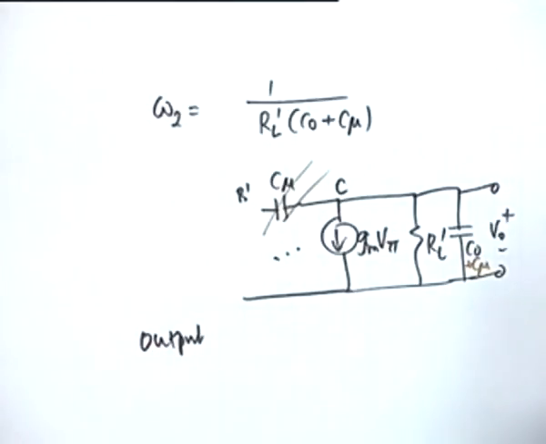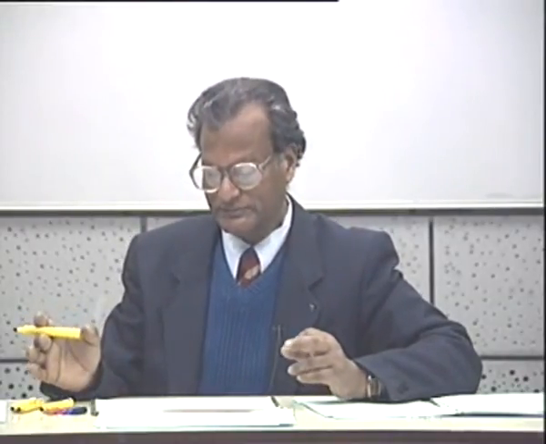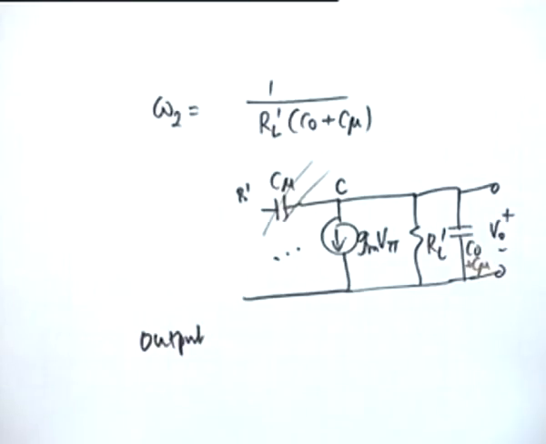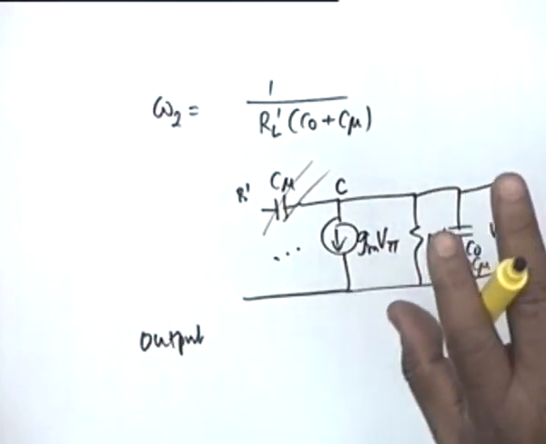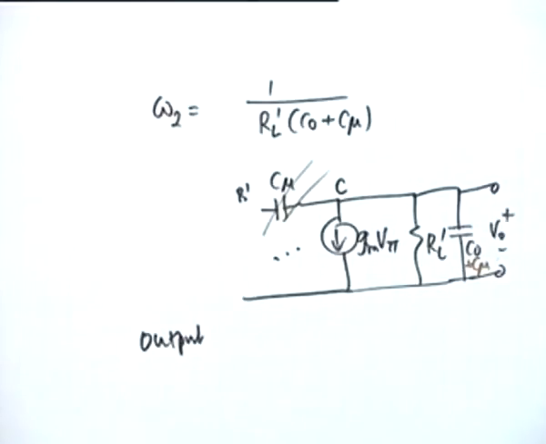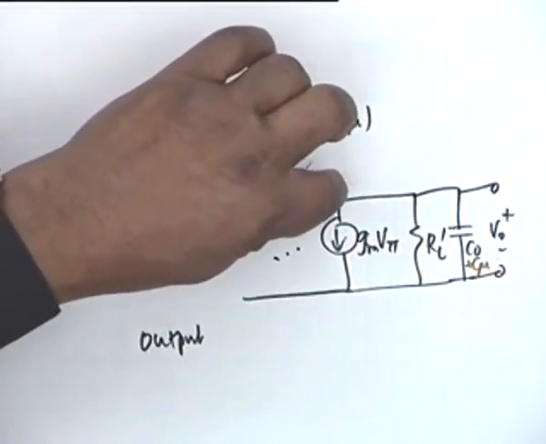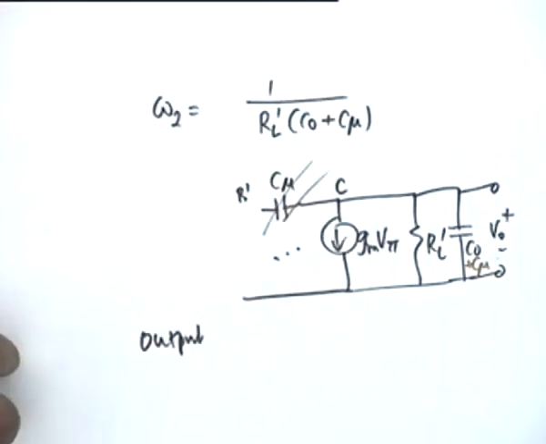I have not said anything about the input circuit, that I am going to look at separately, but as far as the output circuit is concerned, all that is required to take account of C mu is to add a capacitor C mu to C0. Is that clear? So without caring what the input is, the output circuit cutoff frequency can be determined by considering the circuit to be equivalent to this, by ignoring this feedback from collector to the base.